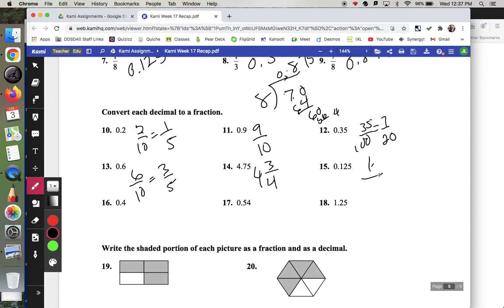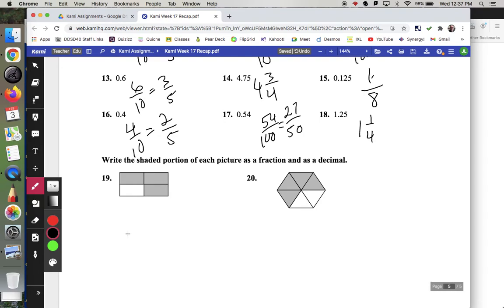This is 1/8. This one is 4/10, which is 2/5, and this is 54 hundredths, which simplifies to 27/50. And this is 1 1/4.